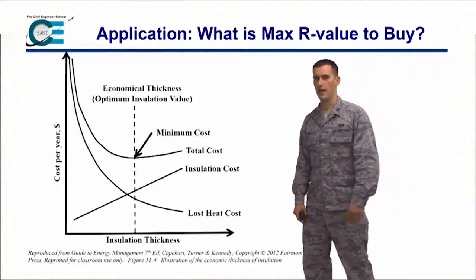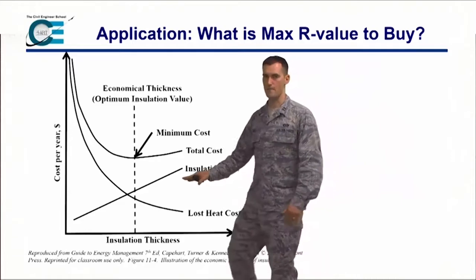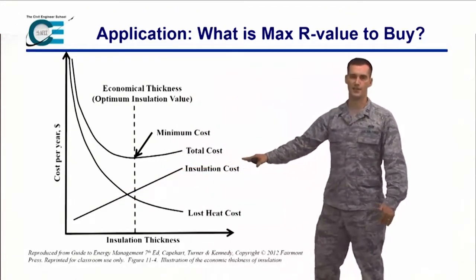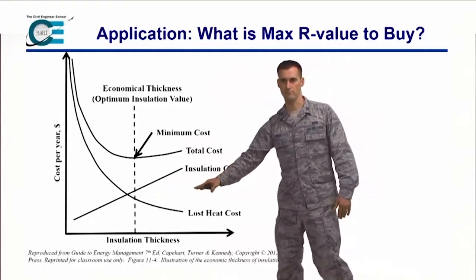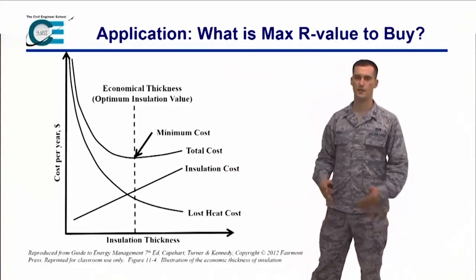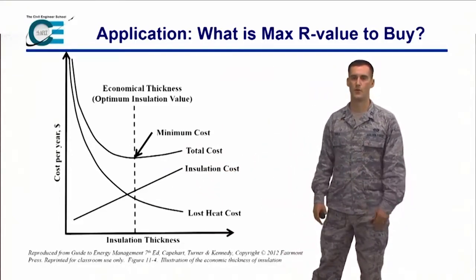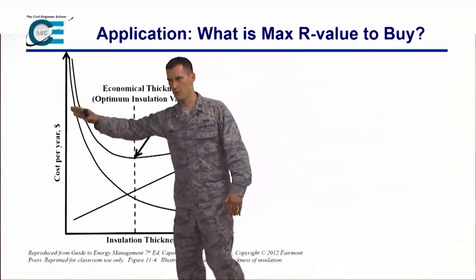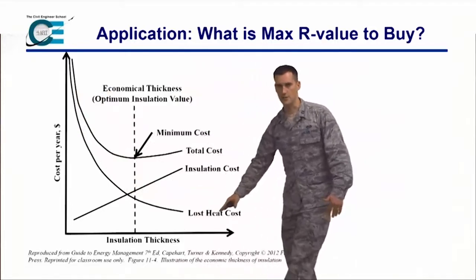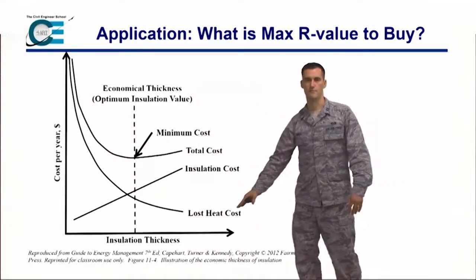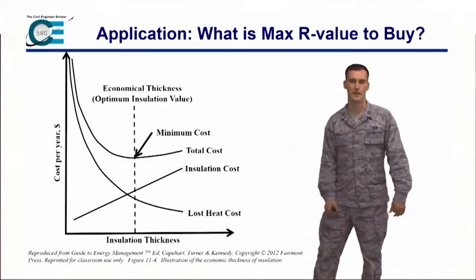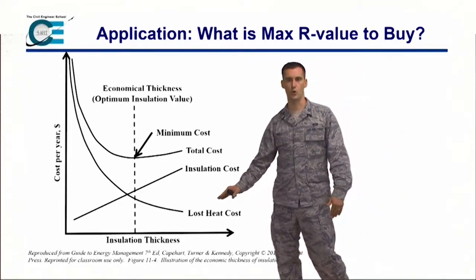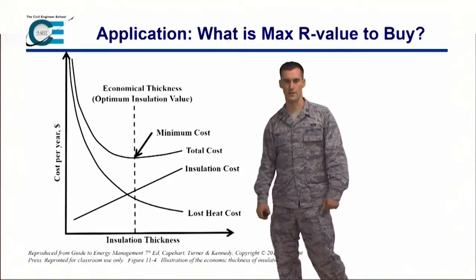If I buy more and more insulation, the initial cost to install it is going to go up, relatively linearly because it's sold on a per foot basis. The benefit is that I'm going to reduce how much heat transfer I have, this half pipe or ski jump graph here. That's going to lower how much heating or cooling I need to provide into my facility.